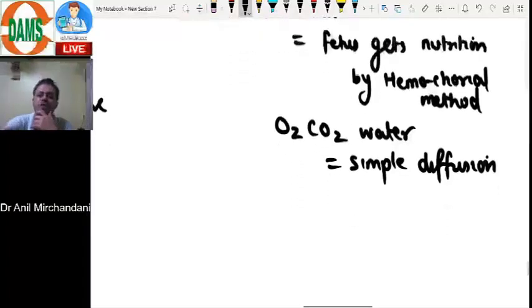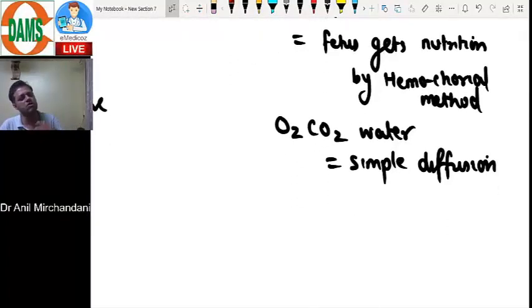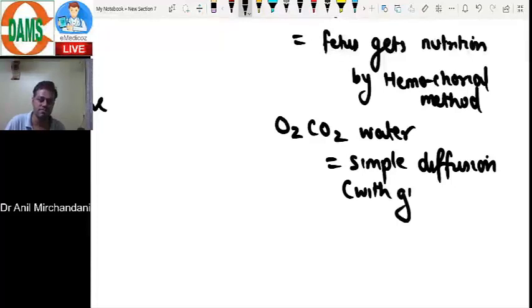O2, CO2, water will pass by simple diffusion. Simple diffusion is with the gradient, high concentration to low concentration. Mother will give oxygen because mother has more oxygen levels, baby has less oxygen levels. Baby will give carbon dioxide to mother because baby has more carbon dioxide, and mother will take that carbon dioxide.